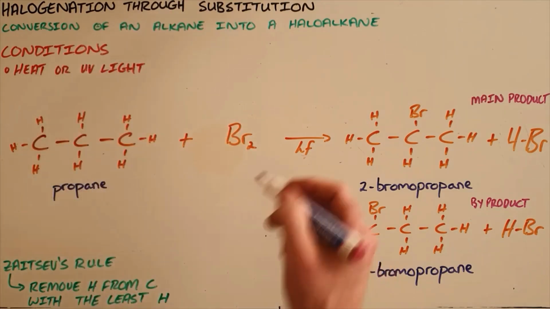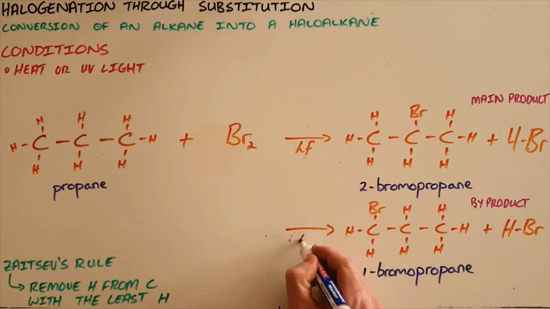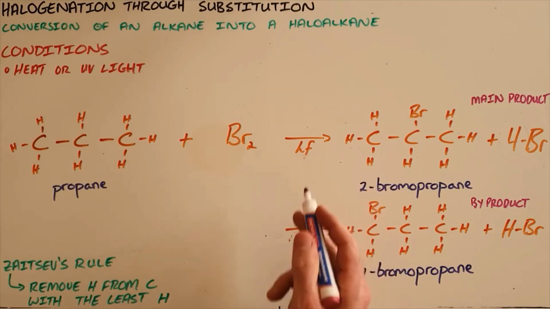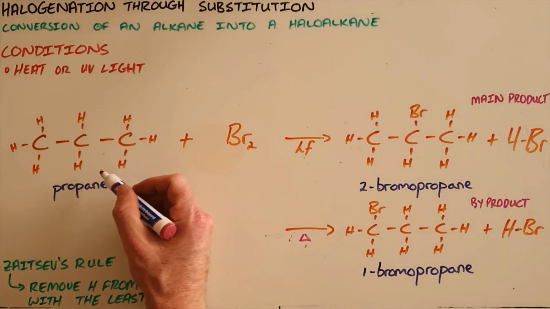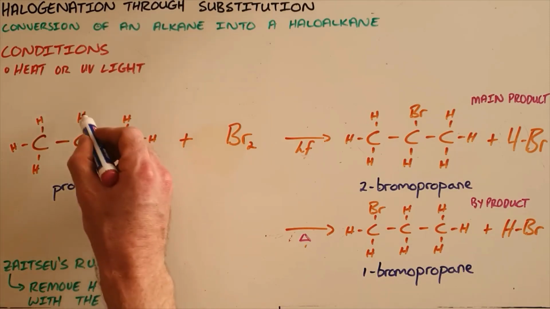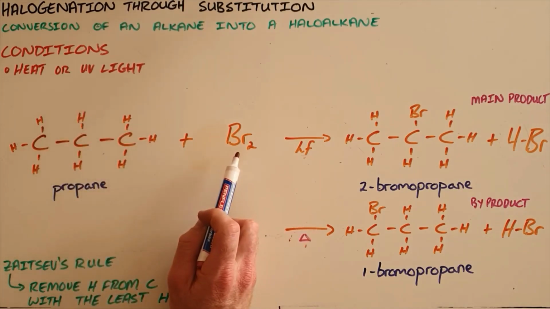So we know that heating a reaction we show with a triangle underneath the arrow, or UV light is shown with the symbol hv. So as an example here, we have the halogenation of propane, where the propane is going to exchange one of its hydrogen atoms for one of the bromine atoms here.